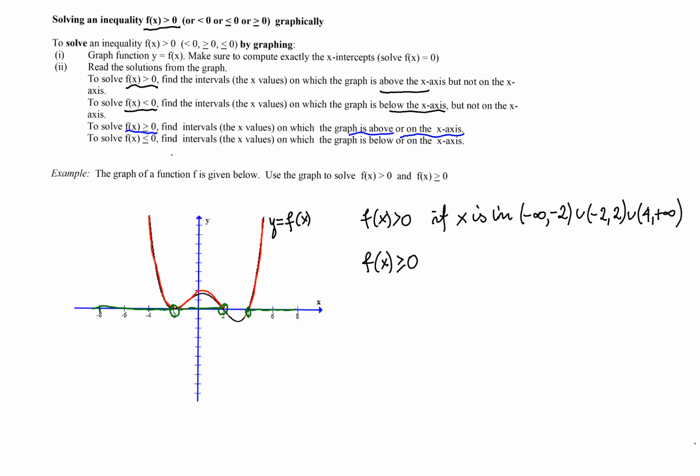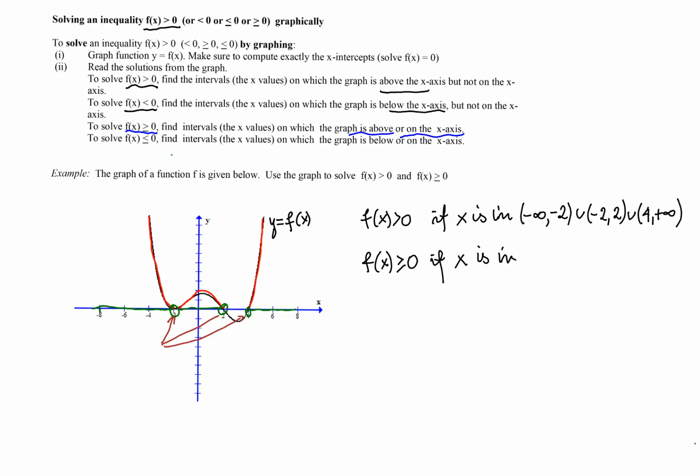If I want to solve inequality f of x is greater or equal 0, I will include the same intervals as before, but I will have to include in this solution the points that are on the x-axis. And the points on the x-axis and on the graph of that function are the points -2, 2, and 4.